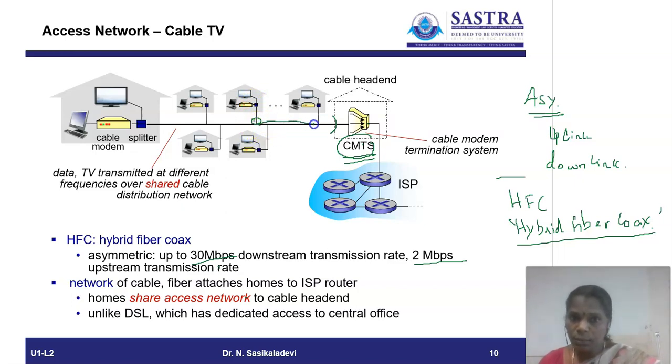This coaxial cable might be replaced by fiber cable. Fiber cable is very high speed, because fiber works on the principle of light. It transmits data at a higher rate, in terms of the speed of light. Its working principle is completely different: in coaxial cable, copper is used to transmit and receive the data, but in fiber cable, light pulses are transmitted through glass. So the transmission rate is much higher with fiber cable.